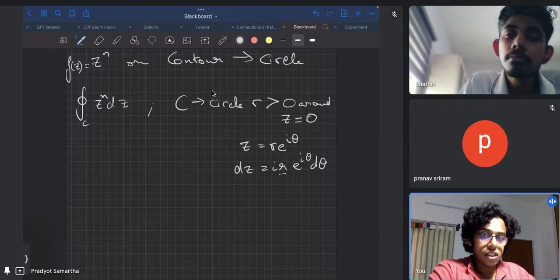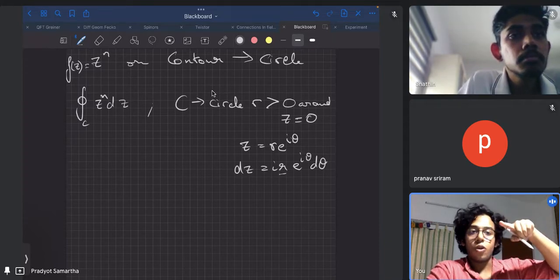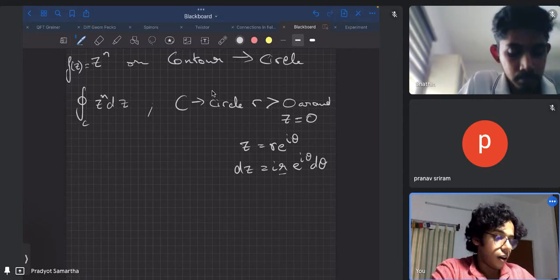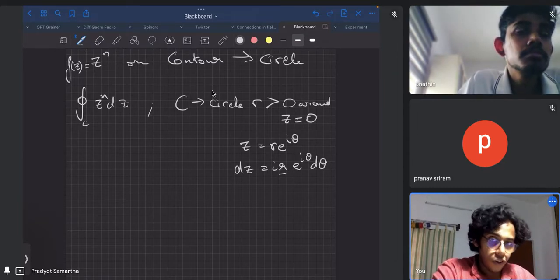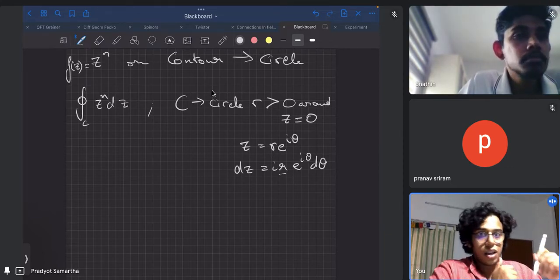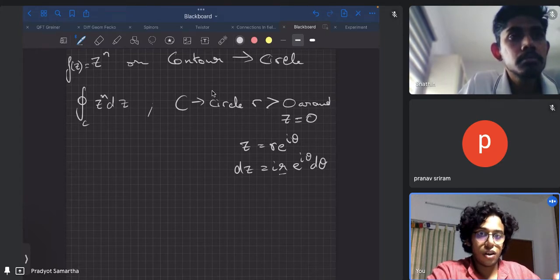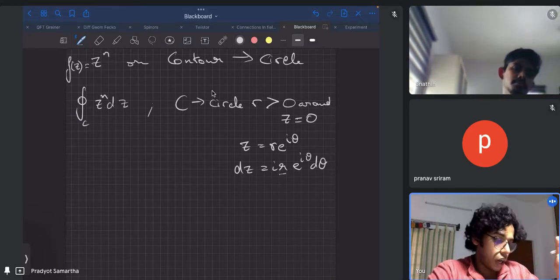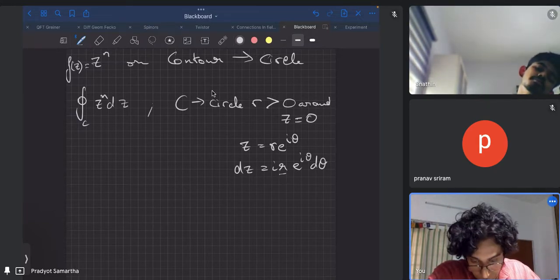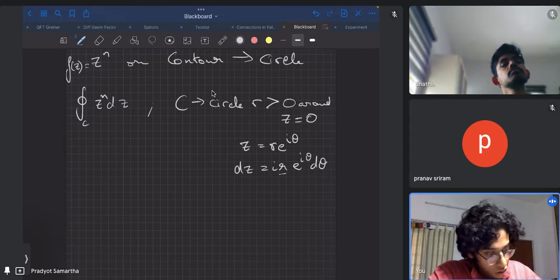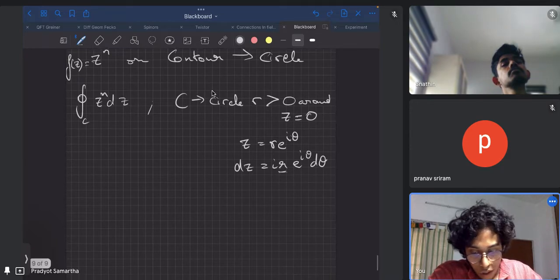You can just fix r and specify the contour itself. That is the particular reason why we are taking r e to the power of i theta. That is the polar form here. This is how you represent the circle: r e to the power of i theta gives you a circle on the complex plane. You essentially just specify r and you get your circle, the contour, right?